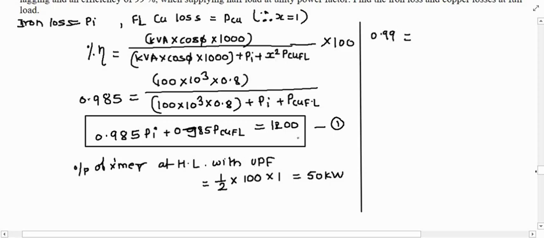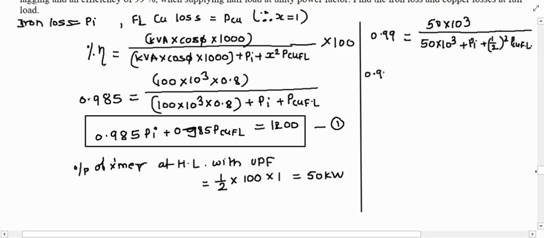Directly we have done here kVA into cos phi, so directly I will write here 50 into 10 raised to 3, converting that kW into watt, divided by 50 into 10 raised to 3. Iron loss will not change at any load. It is constant throughout, but my copper loss will change. So what is this X? X is half load now, means half square into PCU full load.